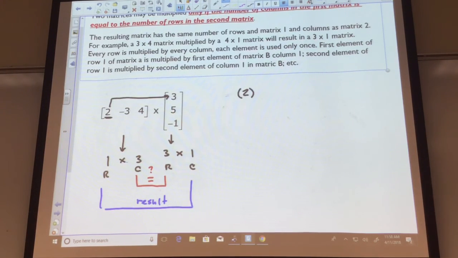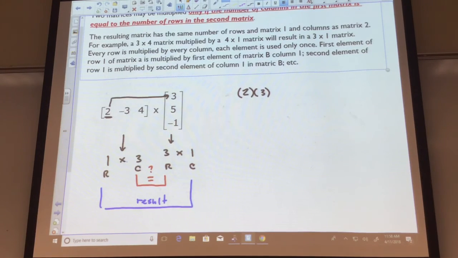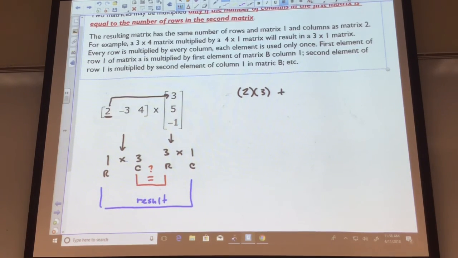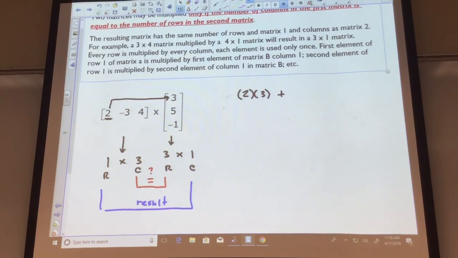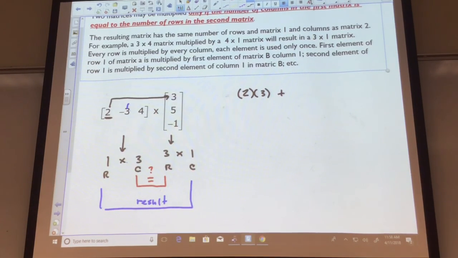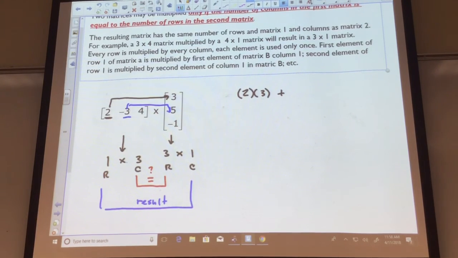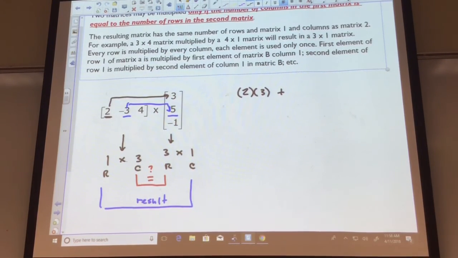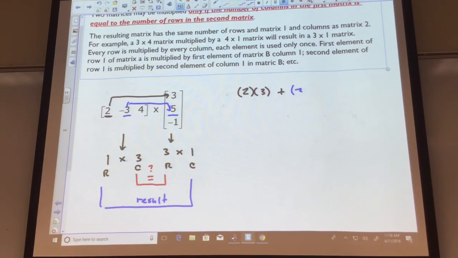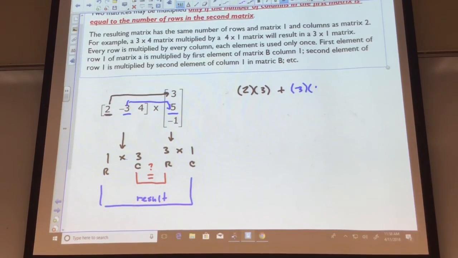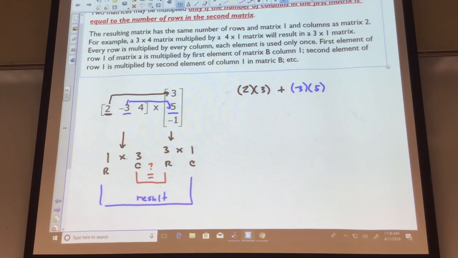2 gets multiplied by 3. And that is then added to the second element multiplied by the second element. Negative 3 is multiplied by positive 5.